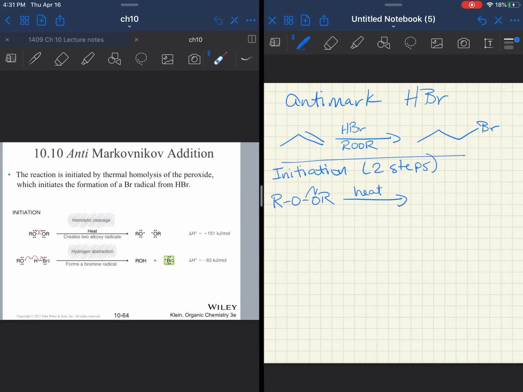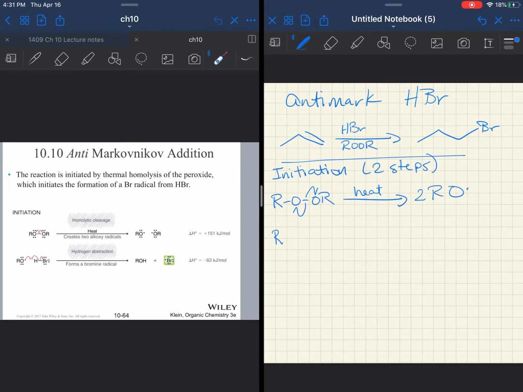Sometimes light might pop up, but heat is usually what I see here. And it is going to cause that homolytic cleavage, right, of your oxygen-oxygen bond. And so, I don't know why I draw two. You're going to have two RO radicals.